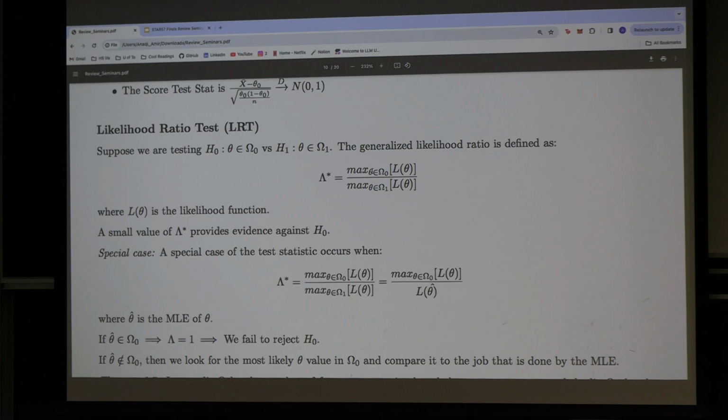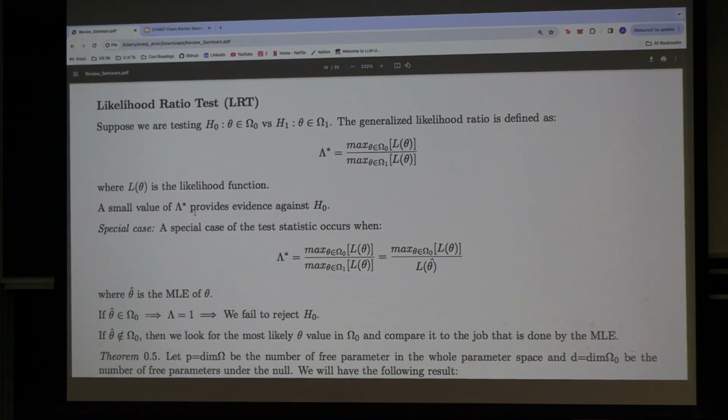Why am I calling it a parameter space and not a range? Well, actually, your parameter could be a set of values, not just a single value. I don't think we should worry about it being discrete. Okay, so a small value provides evidence against the null hypothesis.